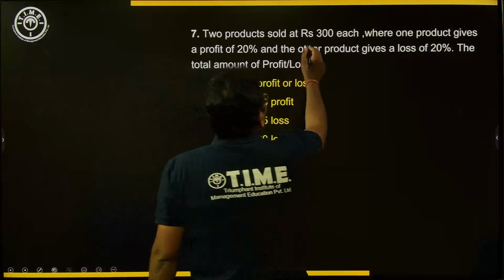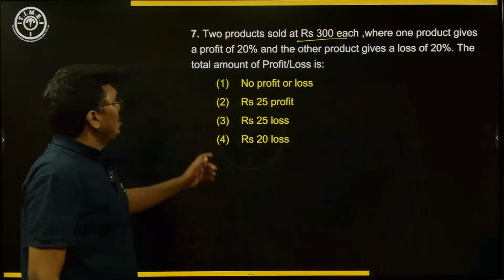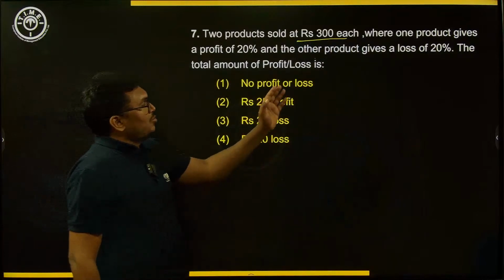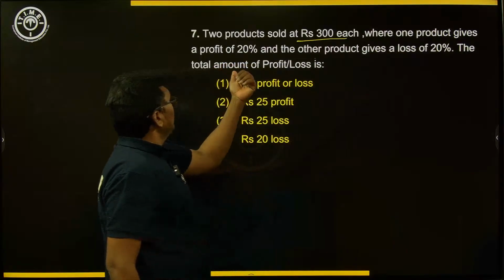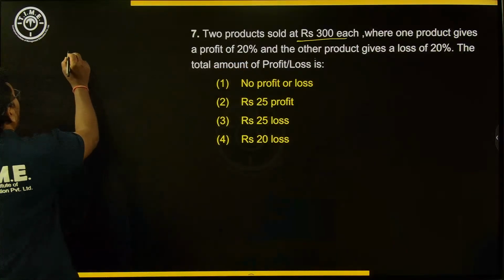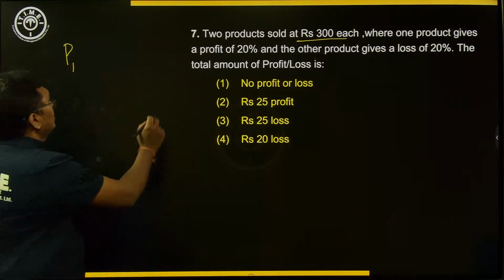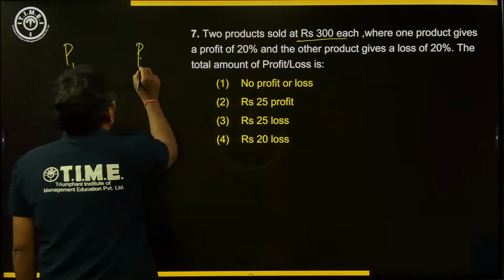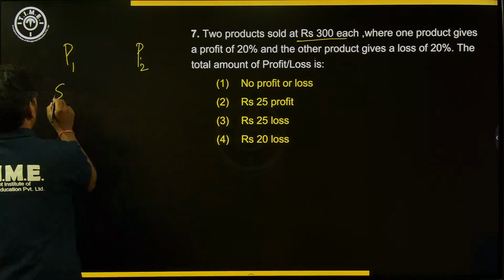Two products sold at a selling price of 300 each. When one product gives a profit of 20%, the other product gives a loss of 20%. Then find the total amount in the profit. So here we have 2 products. Let us say the first product is P1 and the second one is P2. So what is the selling price of the first product?